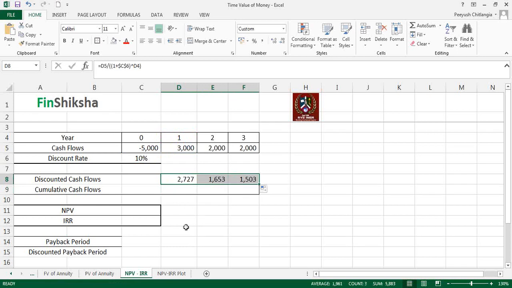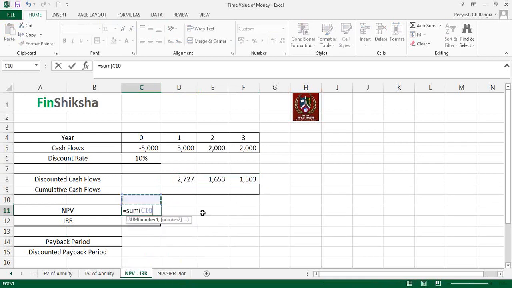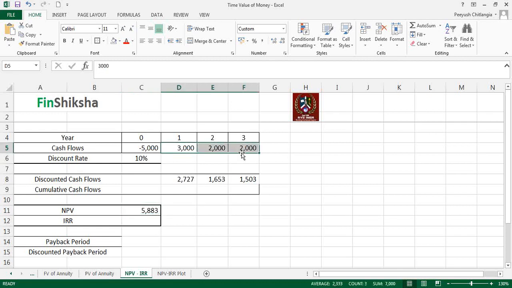What is the sum of these discounted cash flows, right? So the sum of these discounted cash flows is the sum of these three. So we make 5,883 in present value terms, right? In present value terms, we make 5,883. And what that essentially tells us is we should take the project, but this is just the present value of the cash inflows.